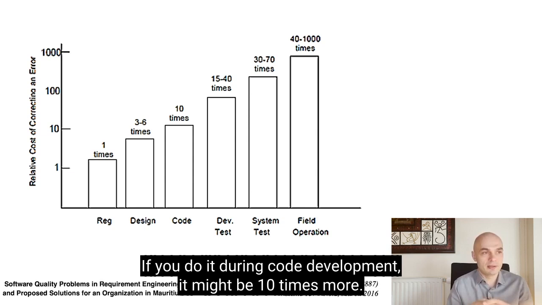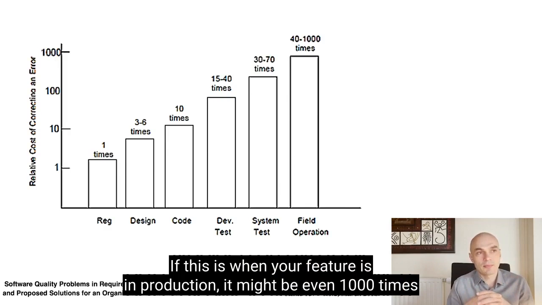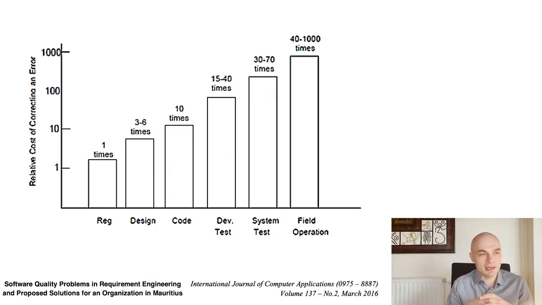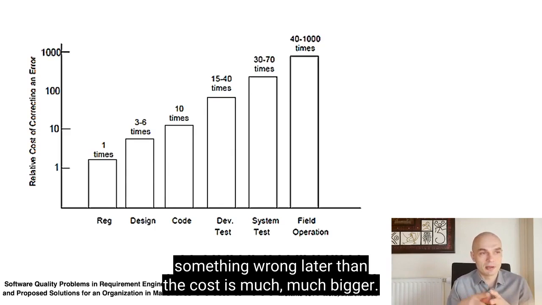If you do it during code development, it might be 10 times more. During testing, it's between 15 and 40. If it's later, when your feature is in production, it might be even 1,000 times bigger costs than if you could have done it better from the beginning. So if you discover later that you did something wrong, then the cost is much bigger.